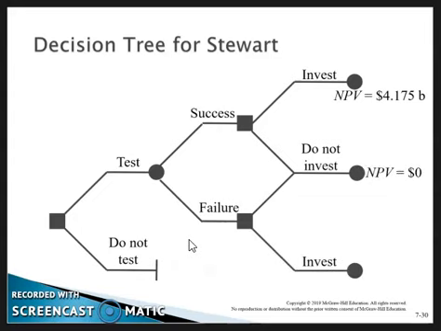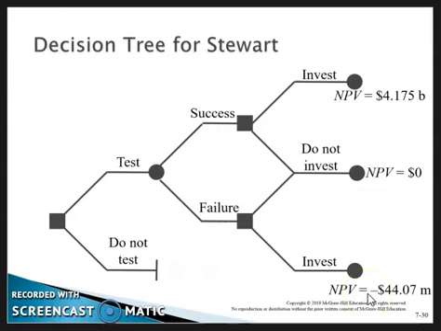We can also invest with regard to the failure scenario as well. If we invest, we have a net present value benefit of 4.175 billion. If we do not invest, the NPV is zero. If we invest after a failure, the NPV is negative 44 million.